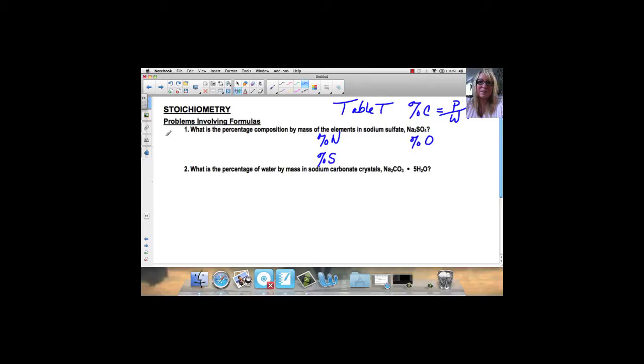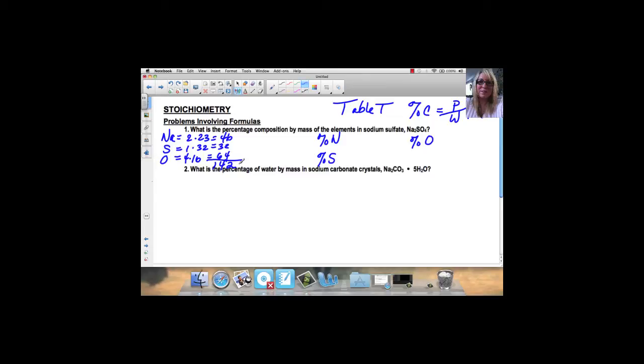Well, let's find out what we're dealing with. We've got Na, which is 2 times 23, which gives me 46. We've got S, which is 1 times 32. And we've got O, which is 4 times 16, which is equal to 64. So my whole is 142 grams.